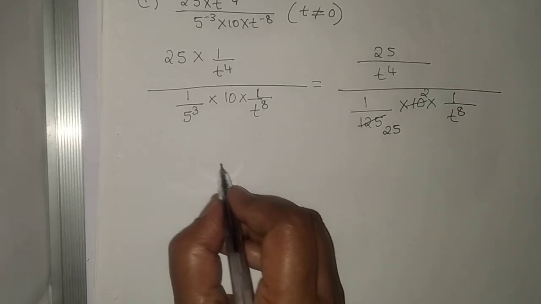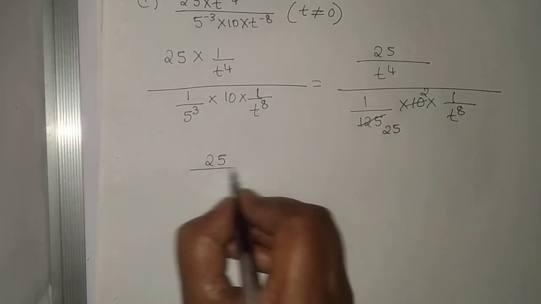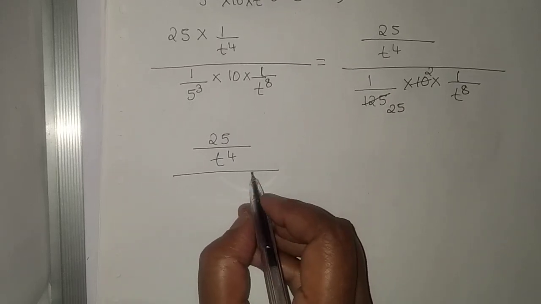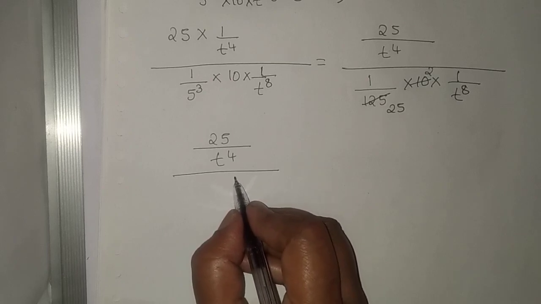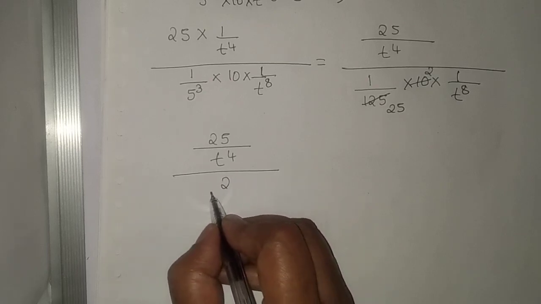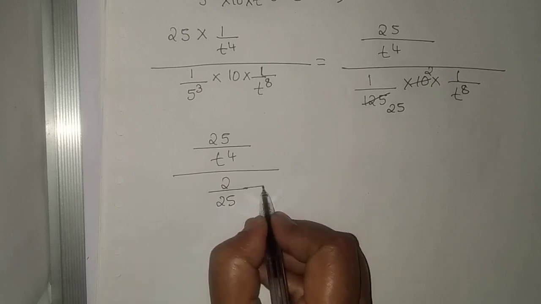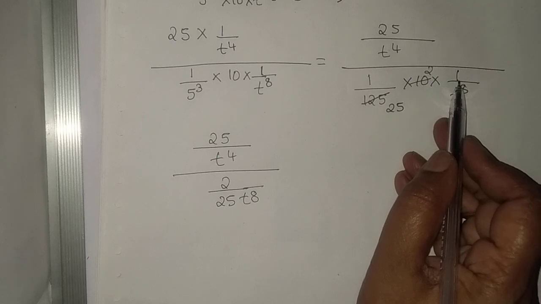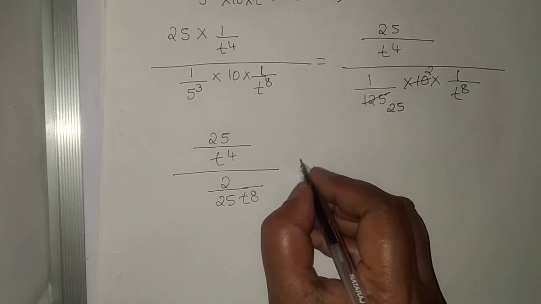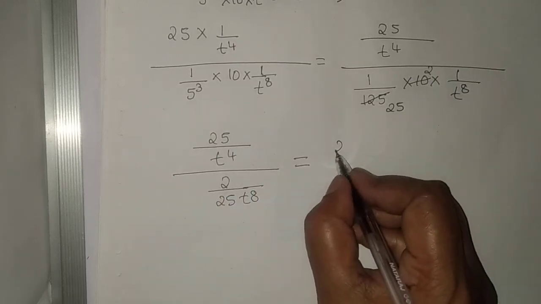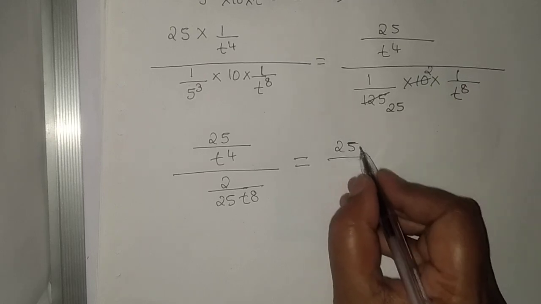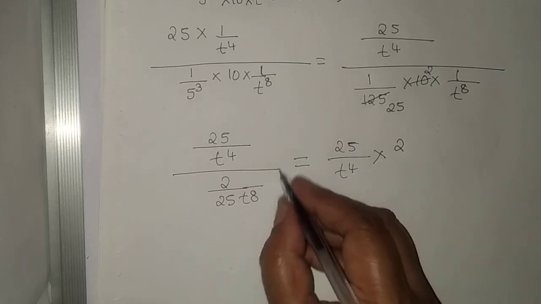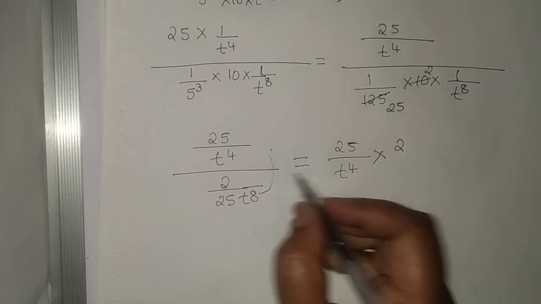So next we can write it as 25 by t to the power of 4 by 2 by 25 t to the power of 8. Now we'll simplify again: 25 by t power 4 into 25. This comes to the numerator.